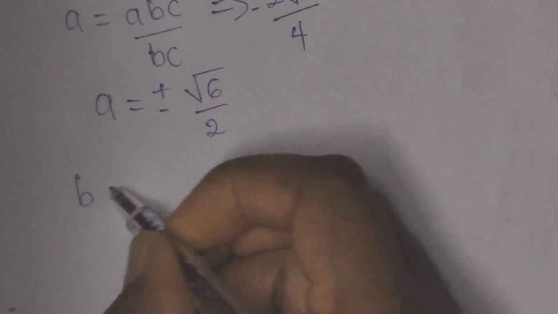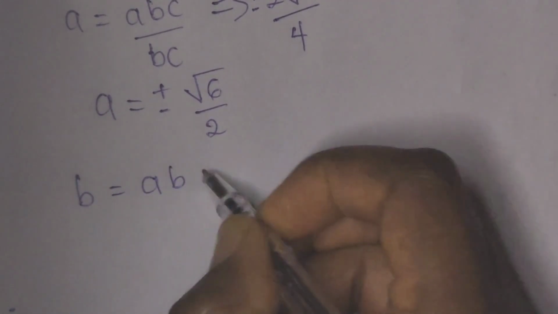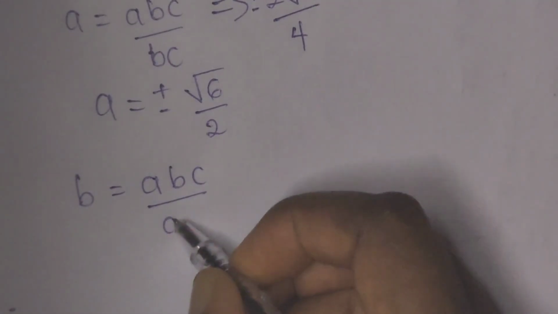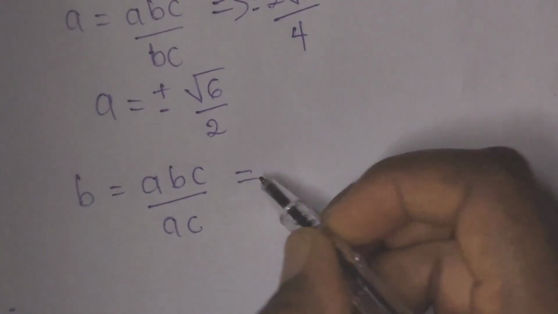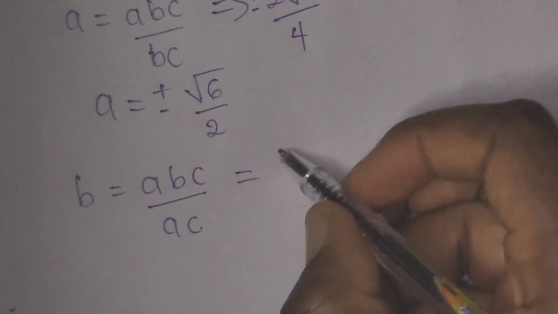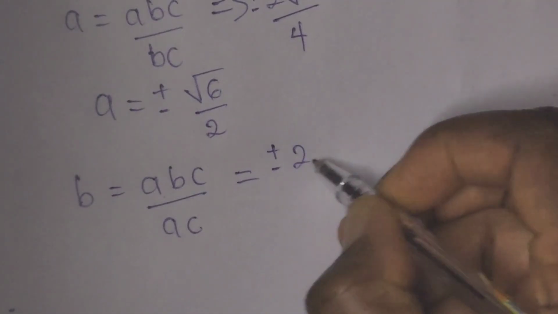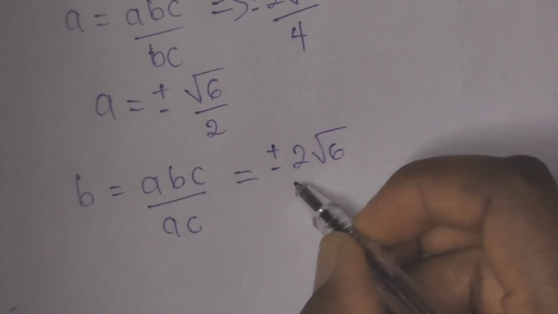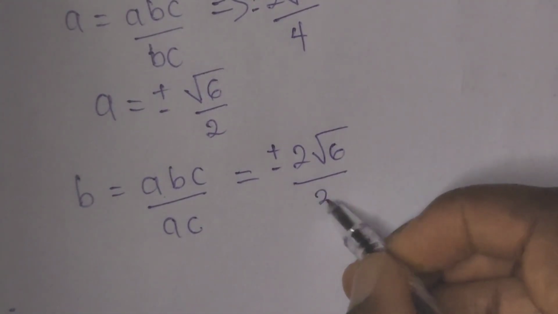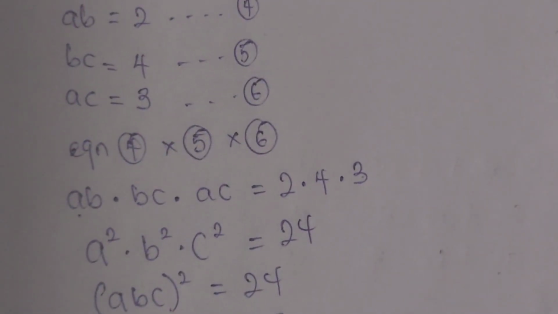So our B will be equal to ABC all over AC, where ABC is plus or minus 2 root 6, and our AC is 3.